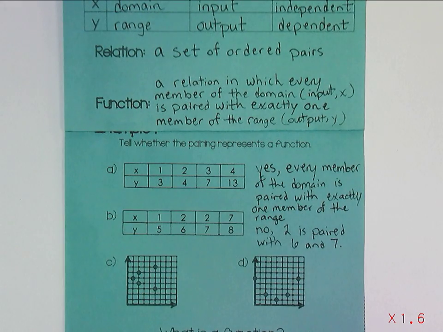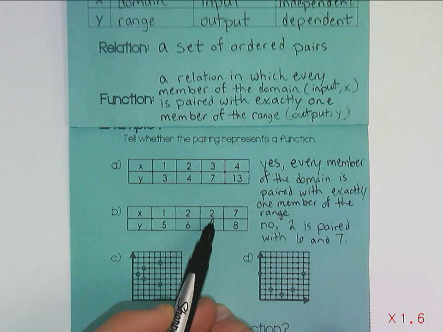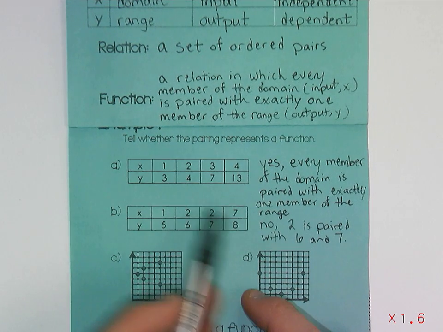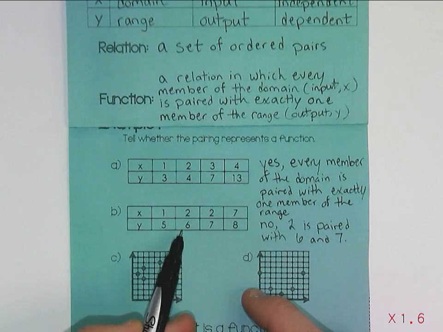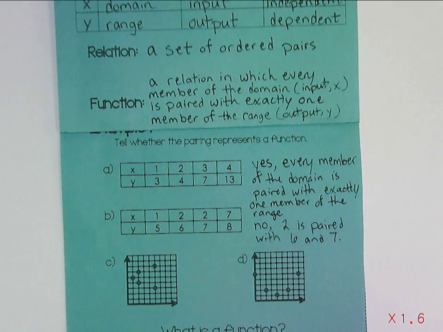We can't say that it is a function because we have the input of 2, a member of the domain, paired with two different numbers in the range. So 2 goes with 6 and 2 goes with 7. That automatically invalidates it as a function, so we can only consider it a relation.